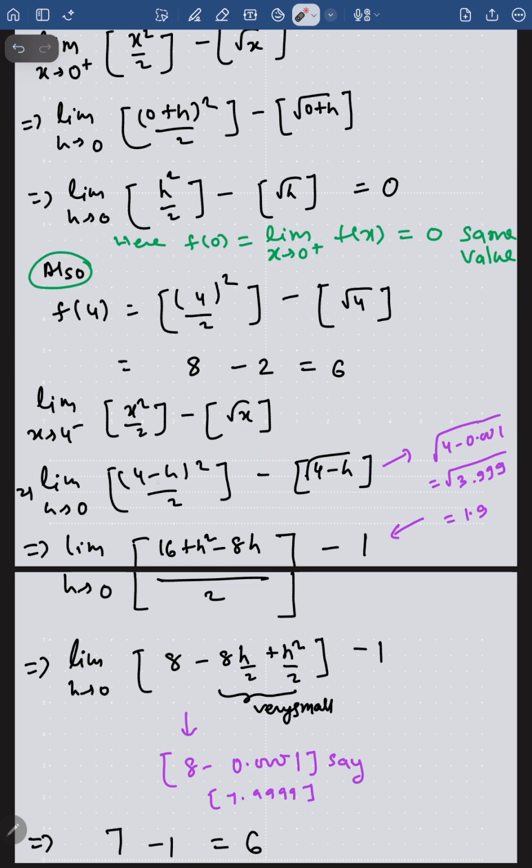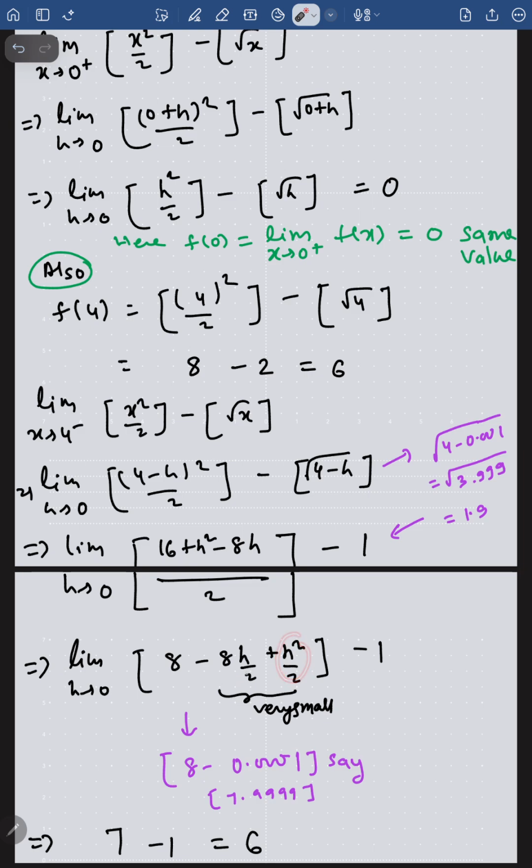Suppose h tends to 0 and we take 4 minus h, squared and divided by 2, and this is the square root of 4 minus h. This will give you (16 plus h square minus 8h) upon 2, and this will give you 1, because root under 4 minus h is slightly less than 4... for example 3.99, its square root will be 1.99, so its greatest integer value will be 1. Similarly here also, this is 8 minus 4h plus h square upon 2.